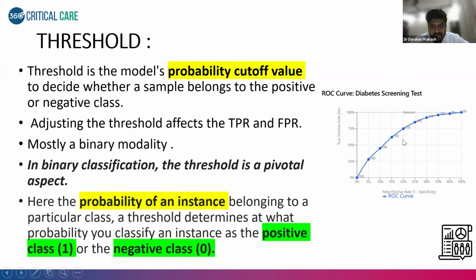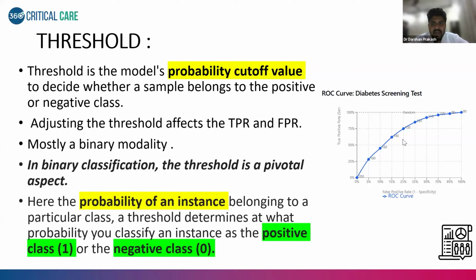So having said this, this usually does not help us get the probability. It will only make us assume a probability, and based on the assumption of the probability cutoff, we can tell whether it is positive or negative. Okay. That is one of the limitations of the ROC. I will repeat again. The probability cutoff is something like an assumption that we make in a receiver operating curve.